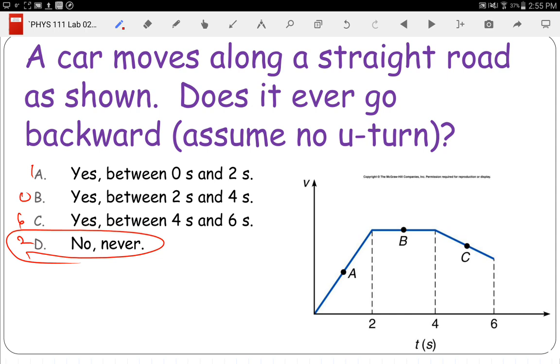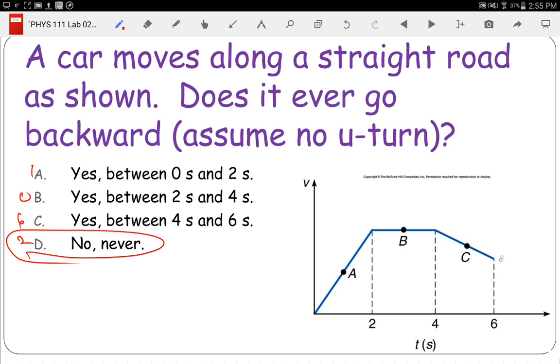It wasn't. Right, it was accelerating to the rear here, but it was still going forward because the velocity is above 0. So it's accelerating to the rear, slowing down, but it's still moving forward. Okay, so it doesn't go backward until it gets below the black line? That's right.